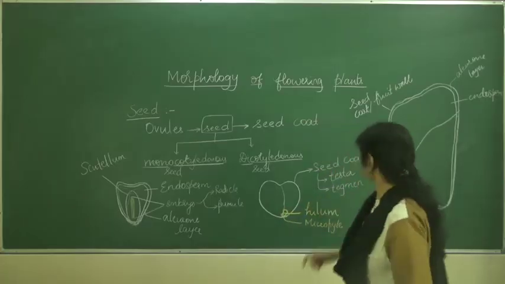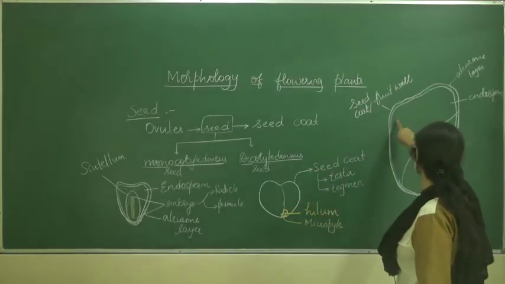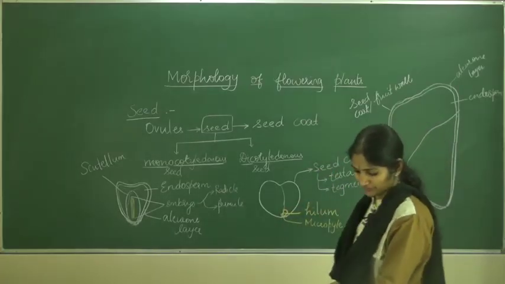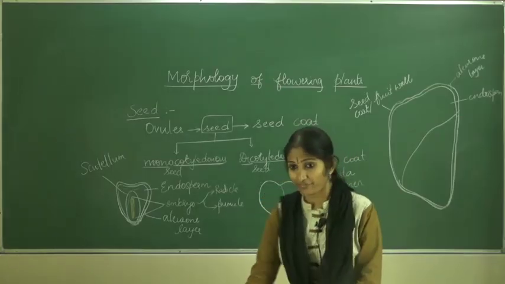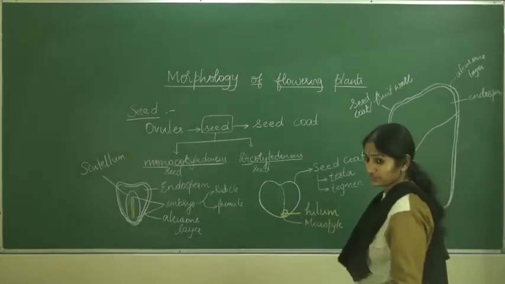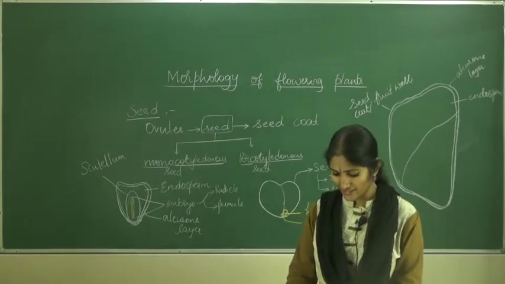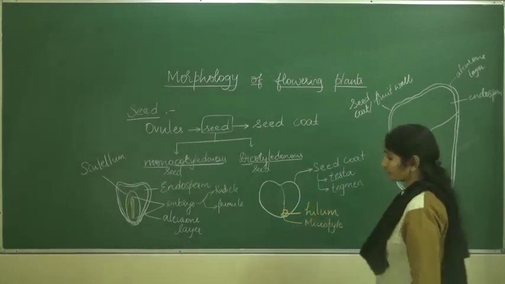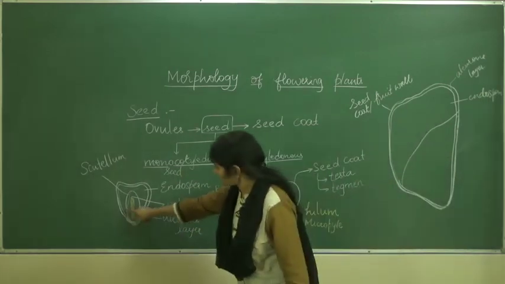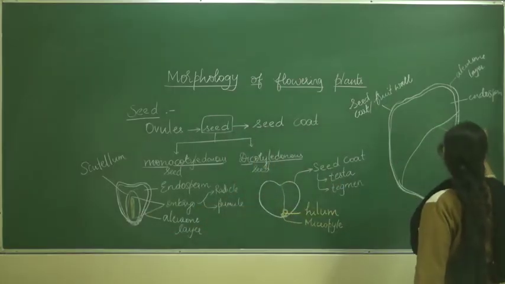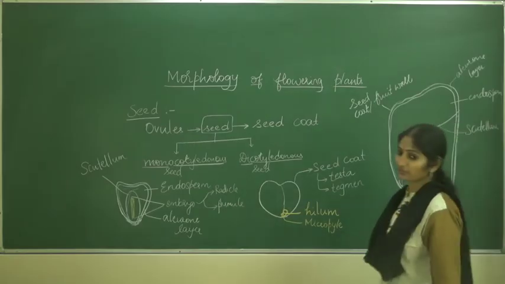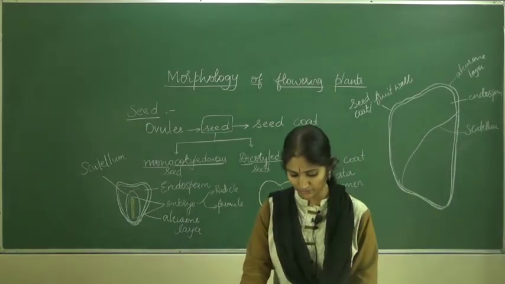So now we have the seed coat, just below that the aleurone layer, and then below that the endosperm. Now if I dig deep inside, what I see is a membrane, and that is what we call the scutellum.